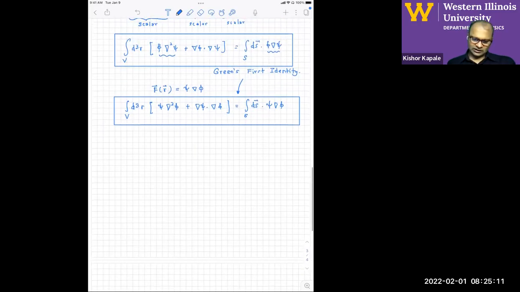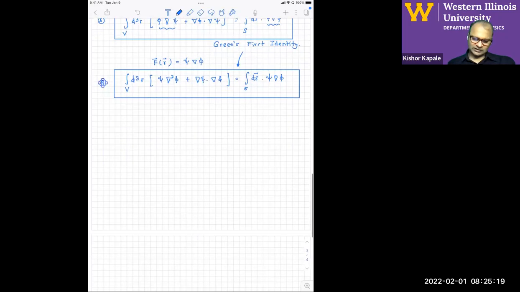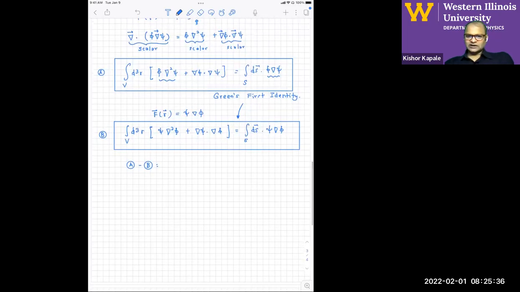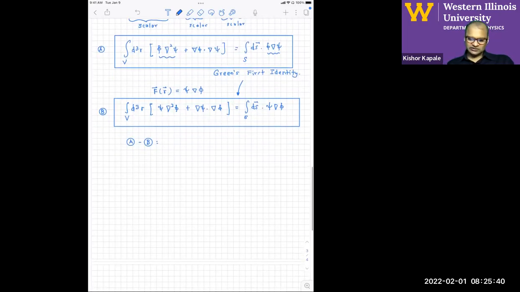Okay, I'm going to call this expression A, call this expression B, and we are going to subtract the two. When we subtract the two, you can see the symmetric terms will go away, and only the asymmetric terms will survive.